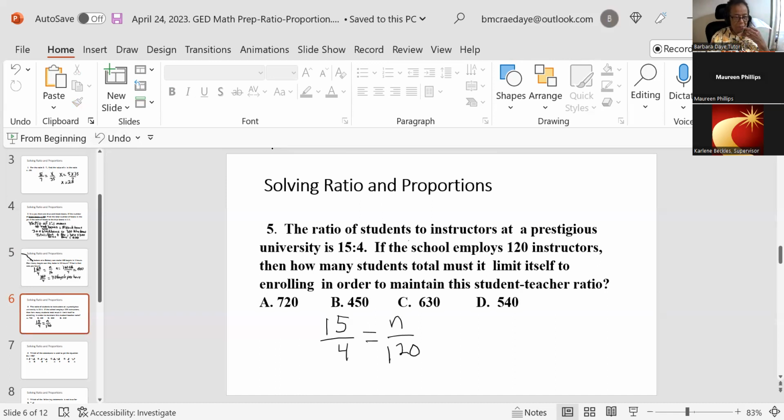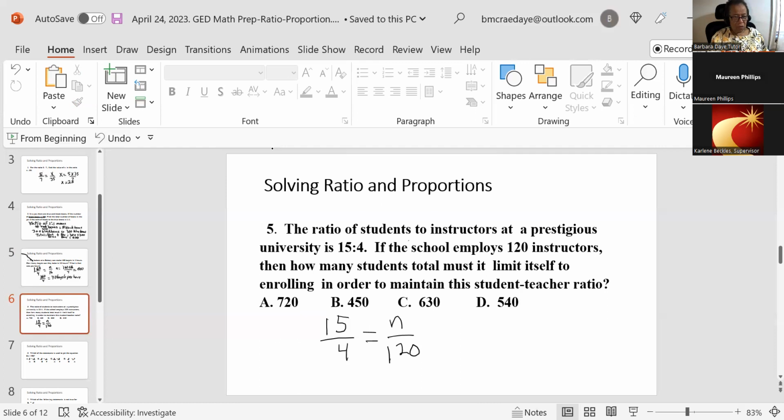Well, hold on, because this is ratio of students over instructors. So this is students over instructors, and you're looking for the students. Well, it's 15/4. 15/4 is students over instructors.